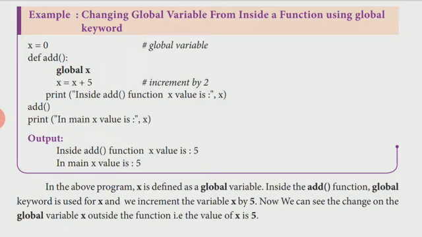Now they print the statement: what is the value inside the function and what is the value in the main program? Main x is 0 initially. After the process, the value is 5, because first the value is 0, then after x equal to x plus 5, the value becomes 5. So that value is printed in your main program.